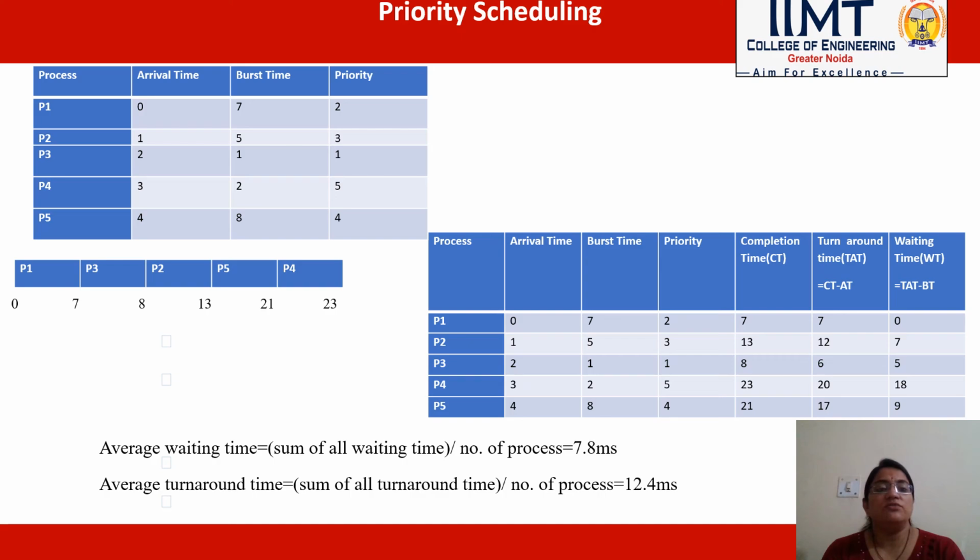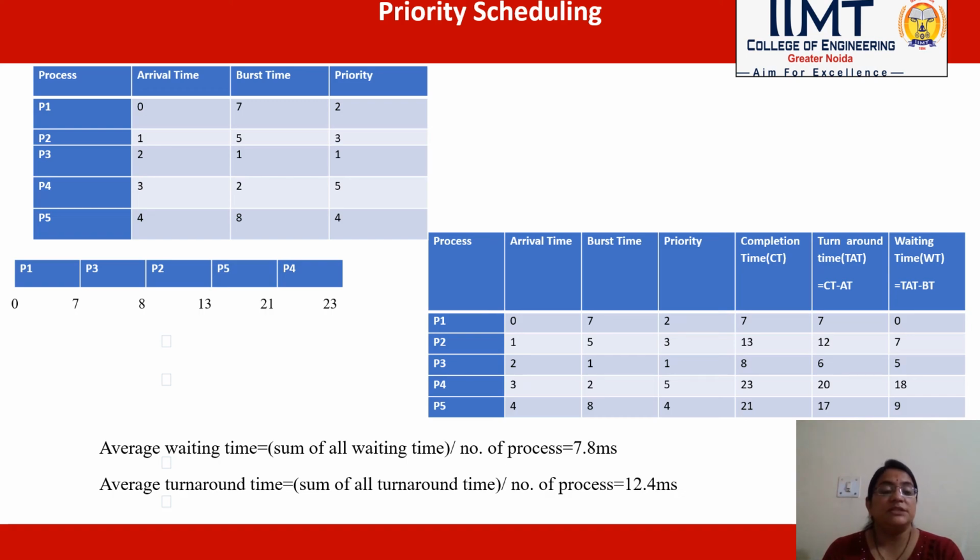So first of all, we can see when each process will arrive. At 0 seconds process P1 arrived in the ready queue. So we can allocate the CPU to process P1 at 0 seconds, and P1 wants the CPU for 7 seconds.